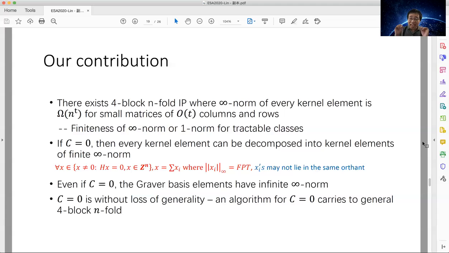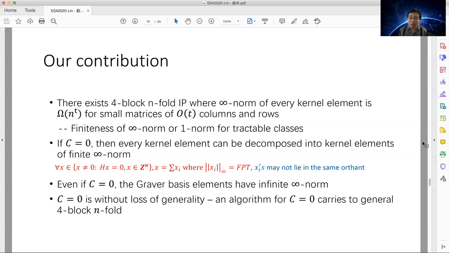Indeed, any algorithm for the case of C equals 0 carries over to the general 4-block n-fold IP. That basically means if you have an algorithm that solves this special case where C equals 0, you would immediately have an algorithm for the general case where C is not necessarily 0.